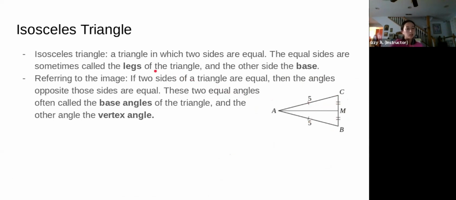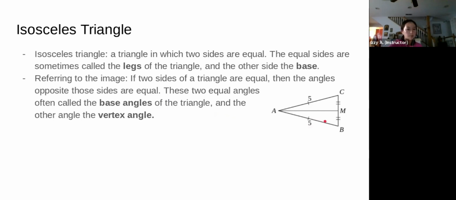But we can see if two sides of a triangle are equal, then the angles opposite those sides are equal. So these equal angles are often called the base angles of the triangle, and the other angle, the vertex angle.